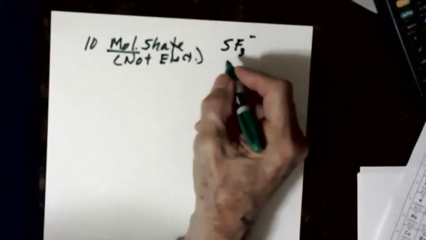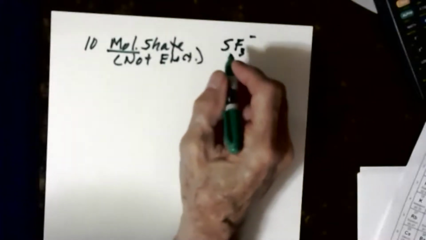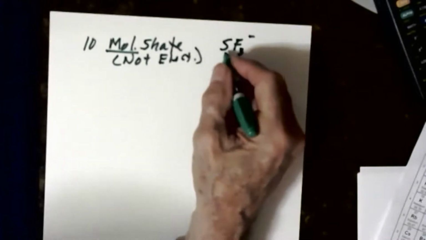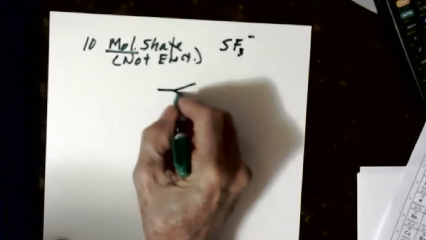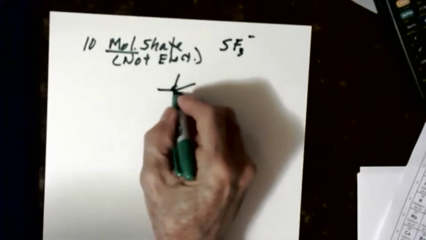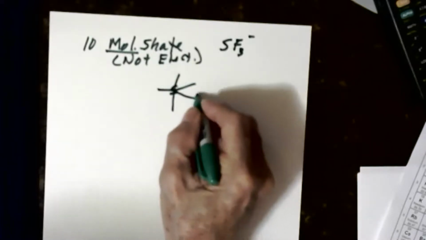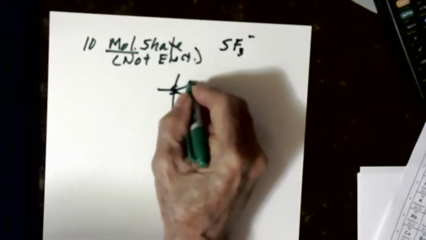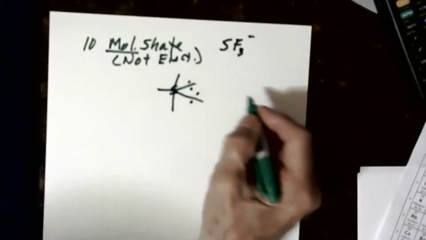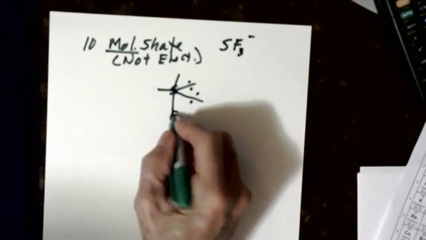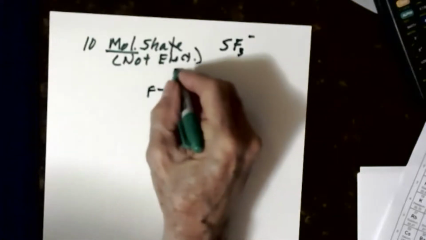And we've already created the shape earlier, or the hybridization. We said it was 5. We had sulfur on here. We had 2 lone pairs to put in. We put them in like that. And we'll have the fluorines on here and here and here.